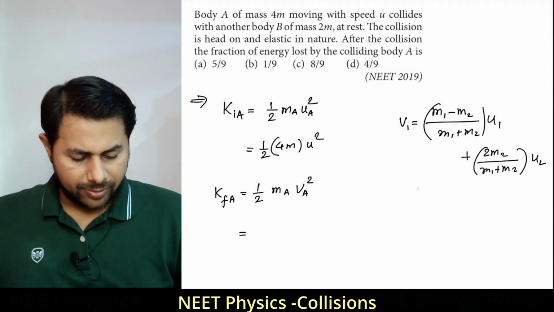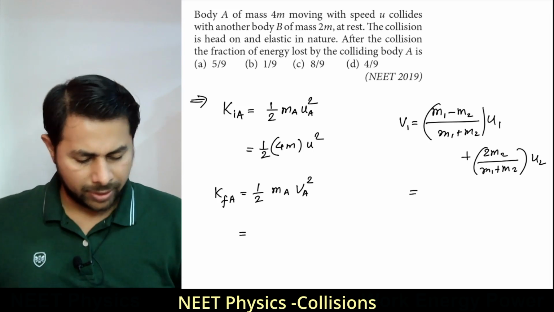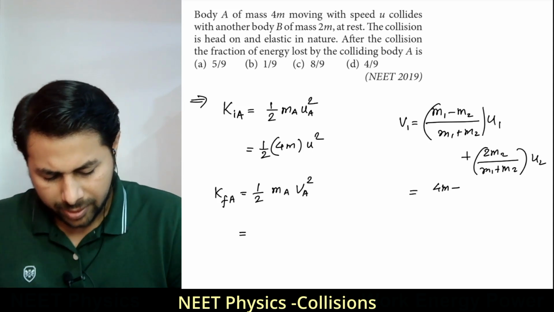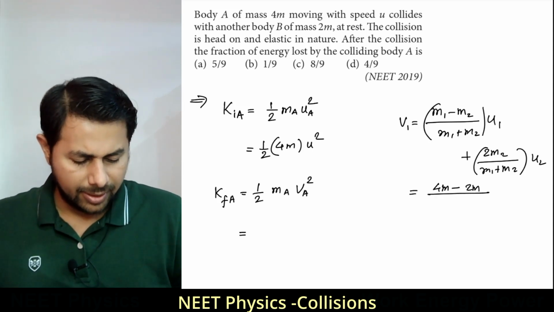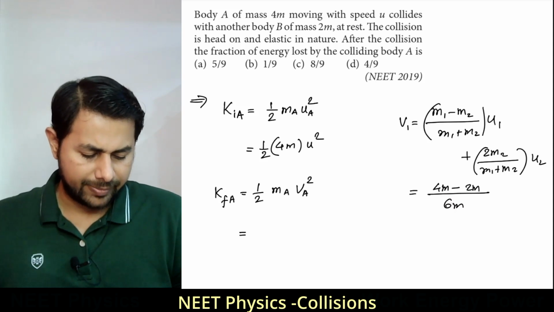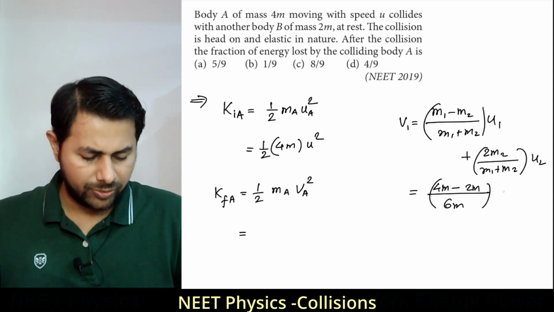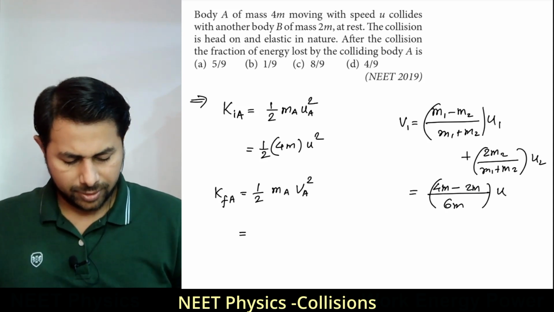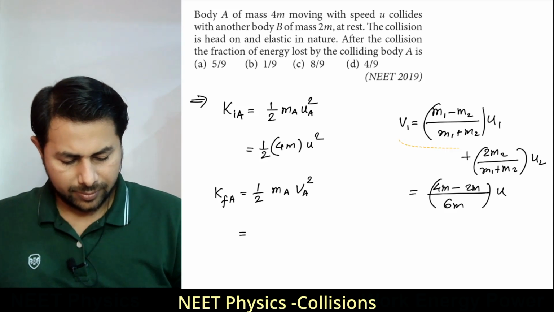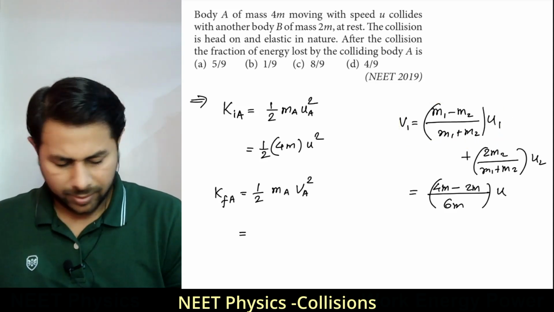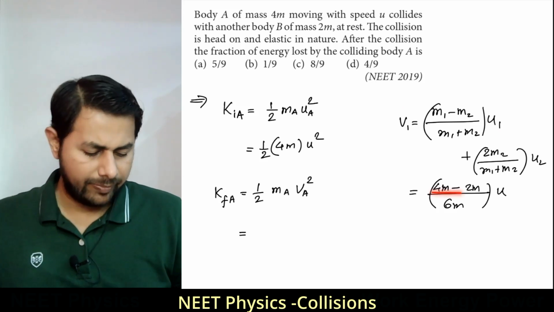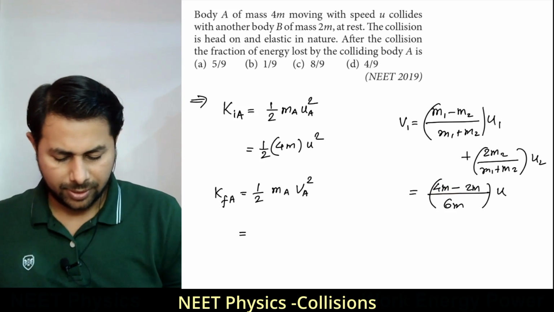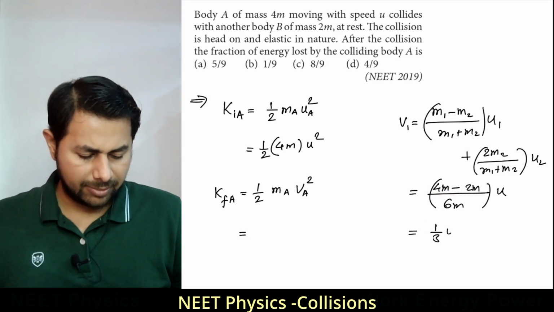So that is just equal to, sorry, m1 is 4m, m2 is 2m, so m1 minus m2 divided by m1 plus m2 is 2m divided by 6m, multiplied with u1. So u1 is u. 4m minus 2m is 2m, 2m divided by 6m is 1 by 3, so 1 by 3 times u.